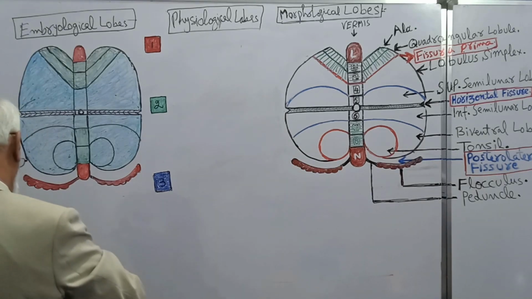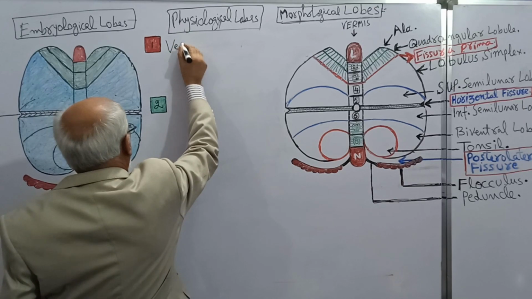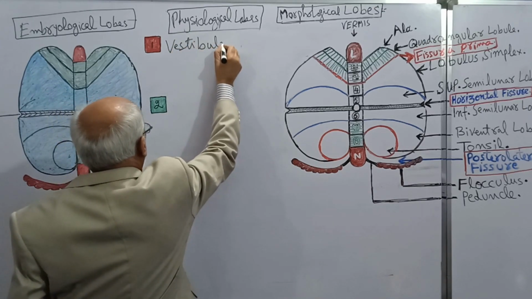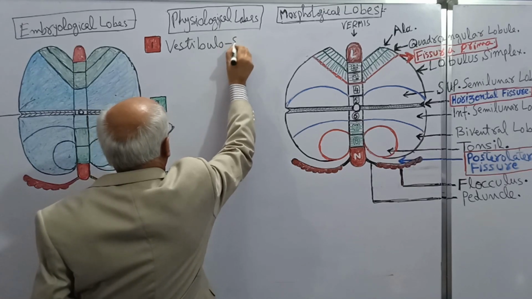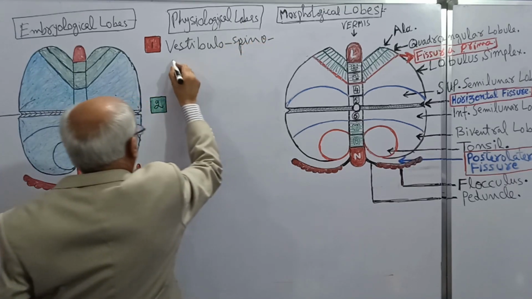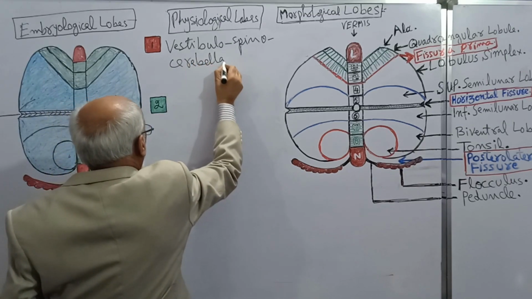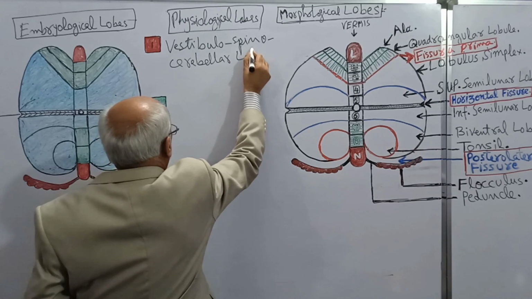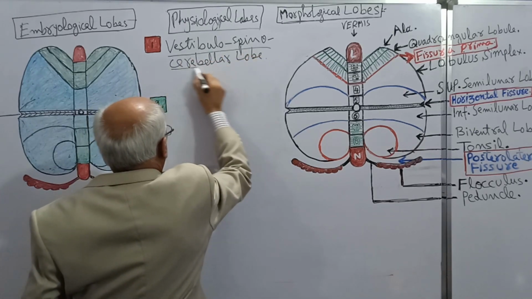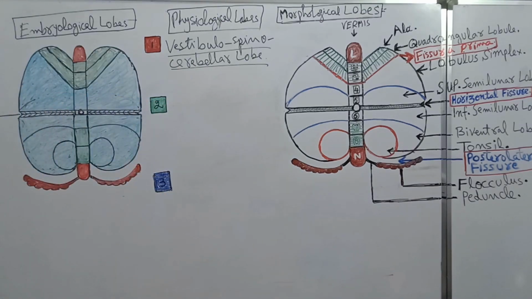Number one is the vestibulospinocerebellar lobe.